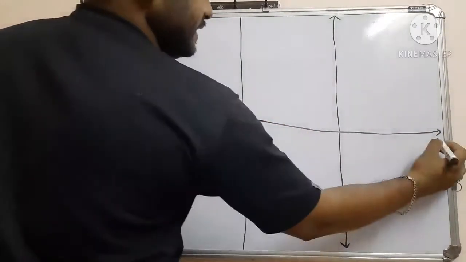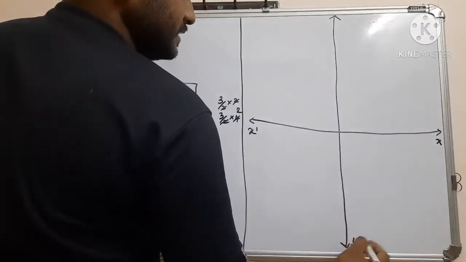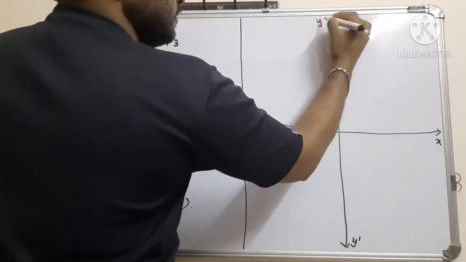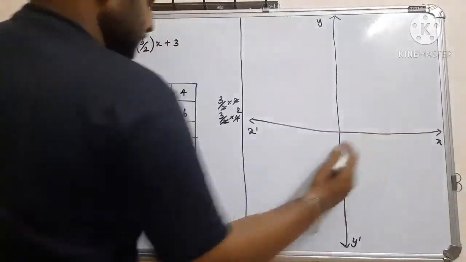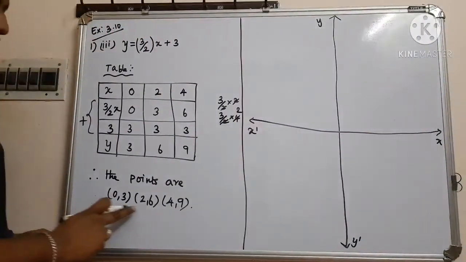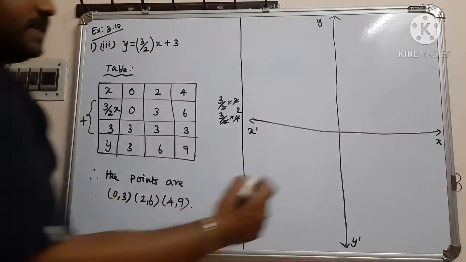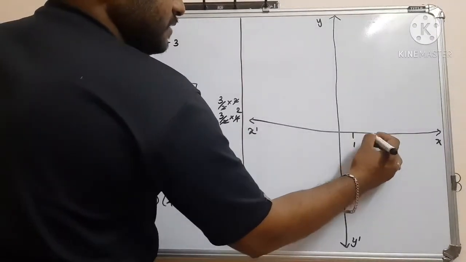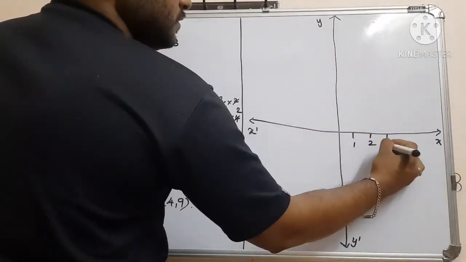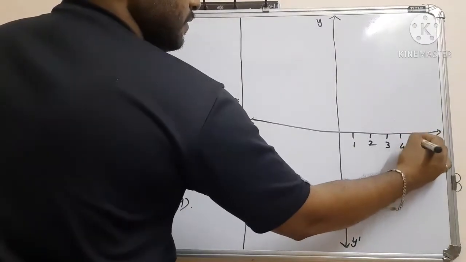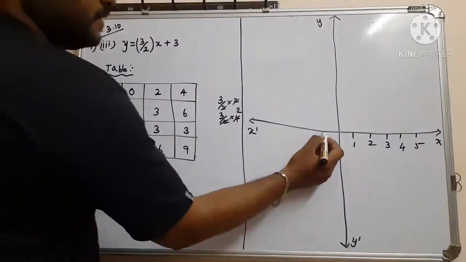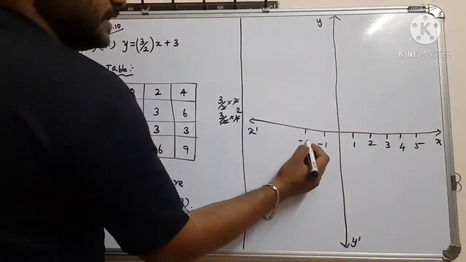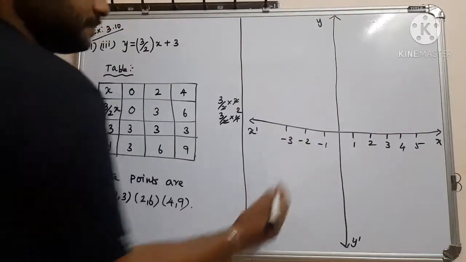X dash x, y dash y. Here look at the values of x is 0 to 4 only. So x value we can take 1, 2, 3, 4 and 5. Minus 1, minus 2, minus 3.